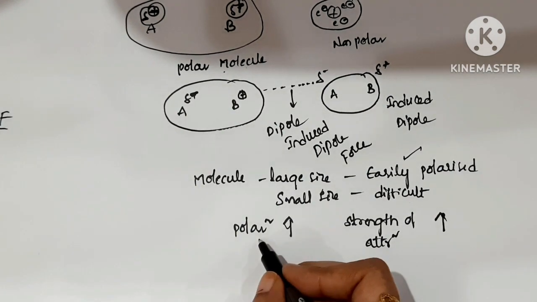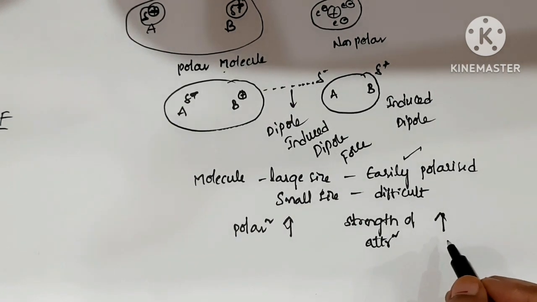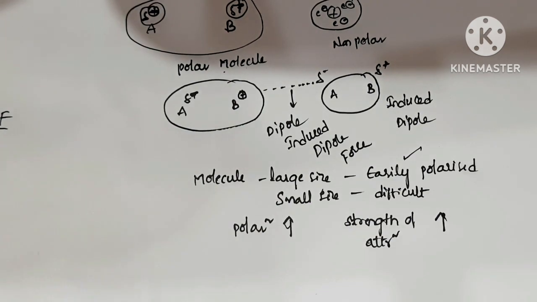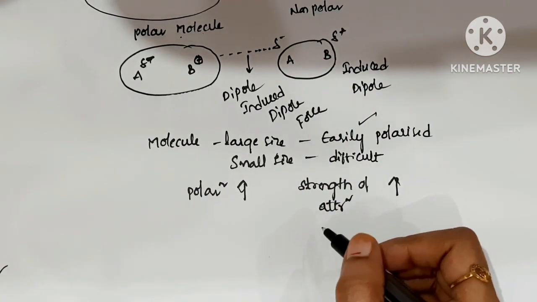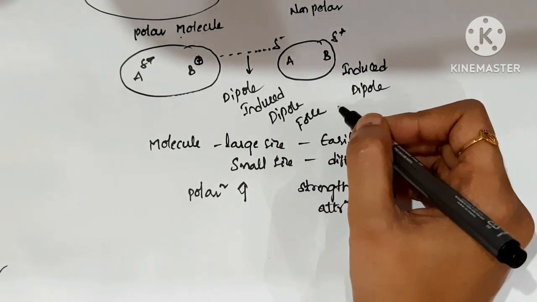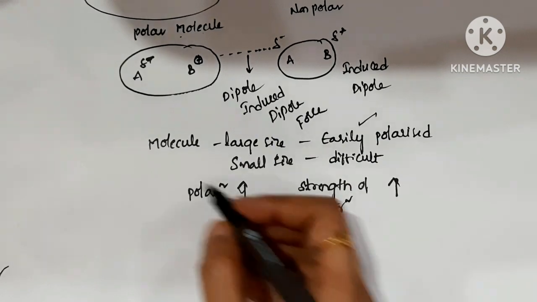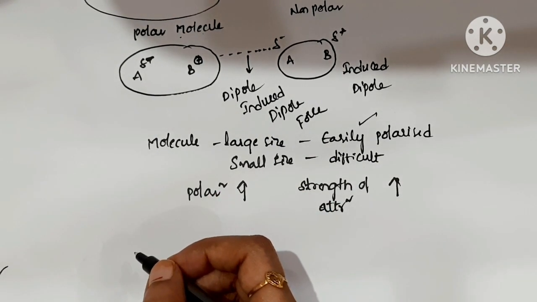When high polarization happens, then definitely the strength of attractions is also high. This is all about induced dipole forces. So next one, generally in attractive forces there are so many attractive forces.